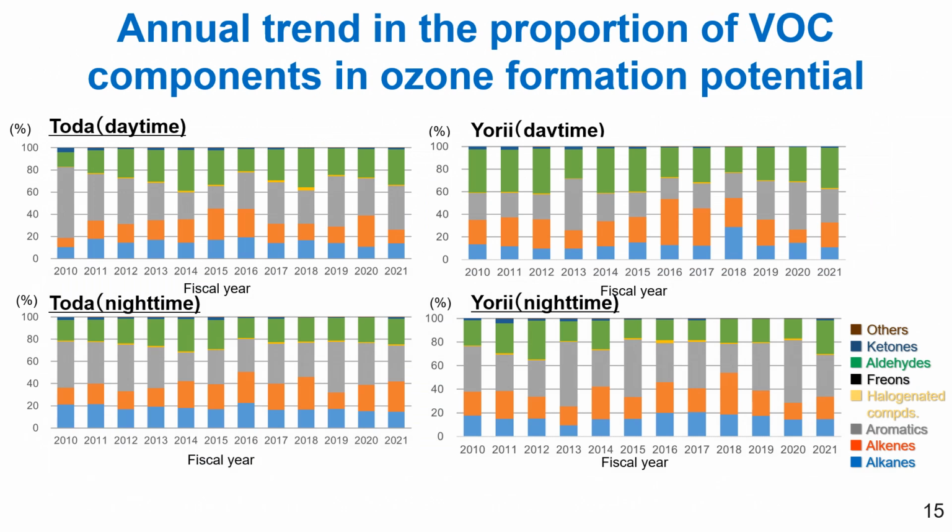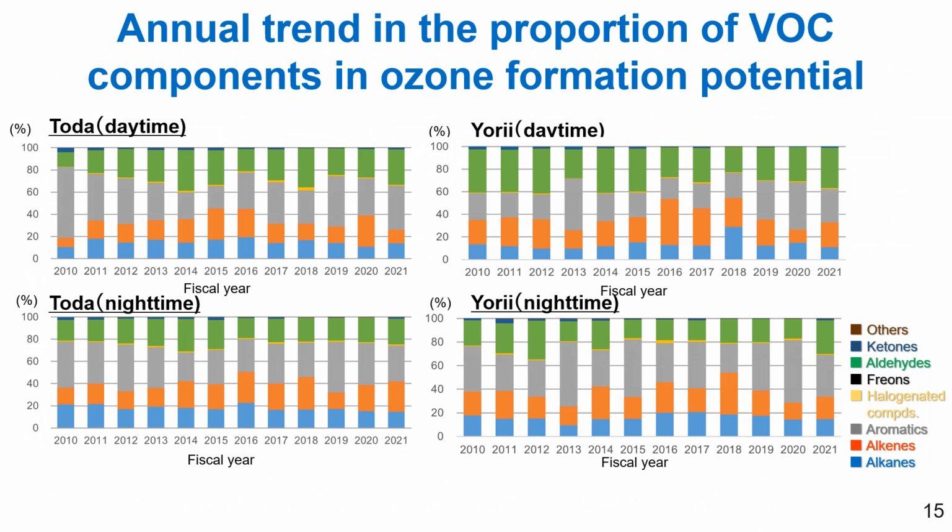The bar graphs show the annual trend from 2010 to 2021 in the proportion of VOC components in ozone formation potential. The left graphs show data from Toda, an urban area, while the right graphs show data from Yori, a suburban area.